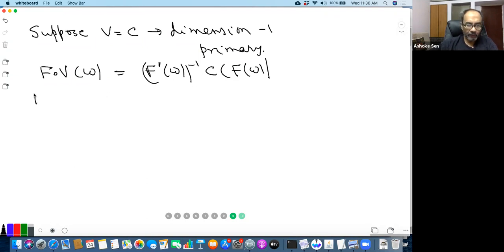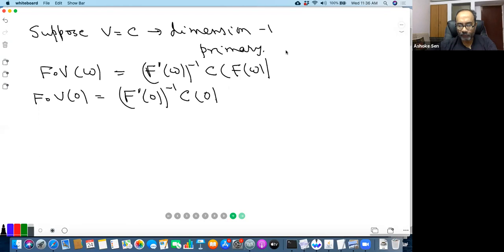So f∘V(w) at 0 will be f'(0)^{-1} times c(0). And I should say that it's a normal convention that w equal to 0 corresponds to the location of the puncture, the location of the vertex operator.